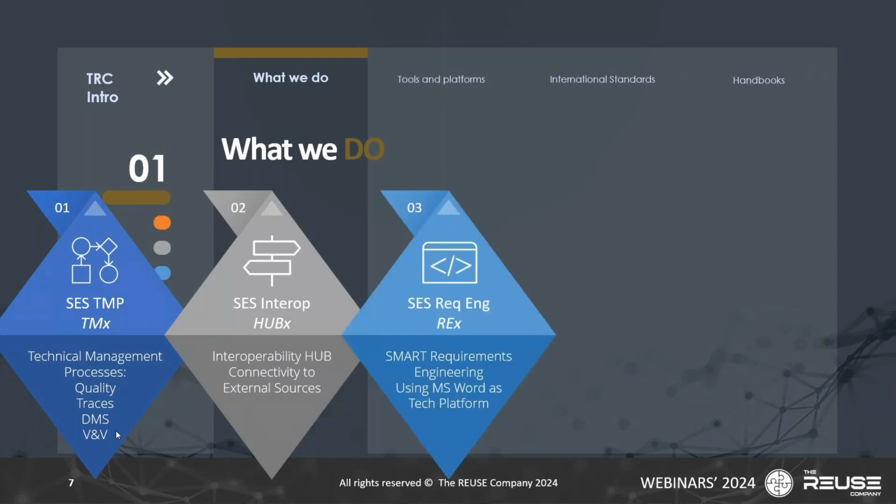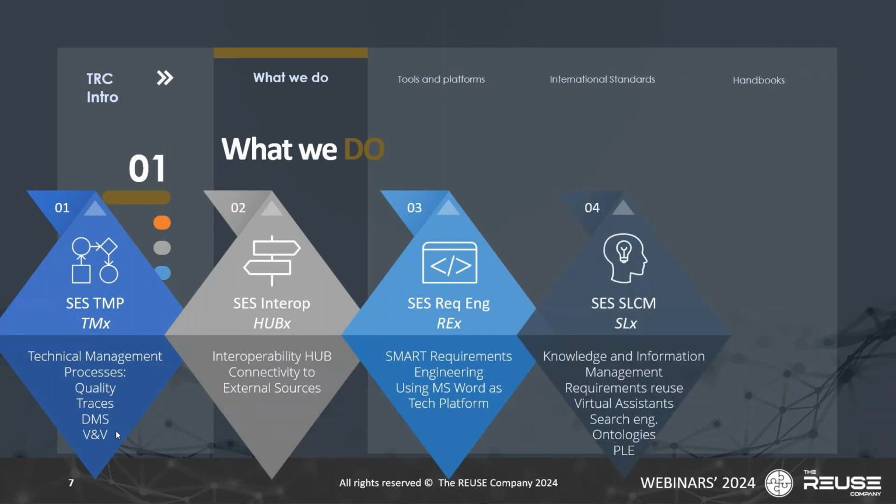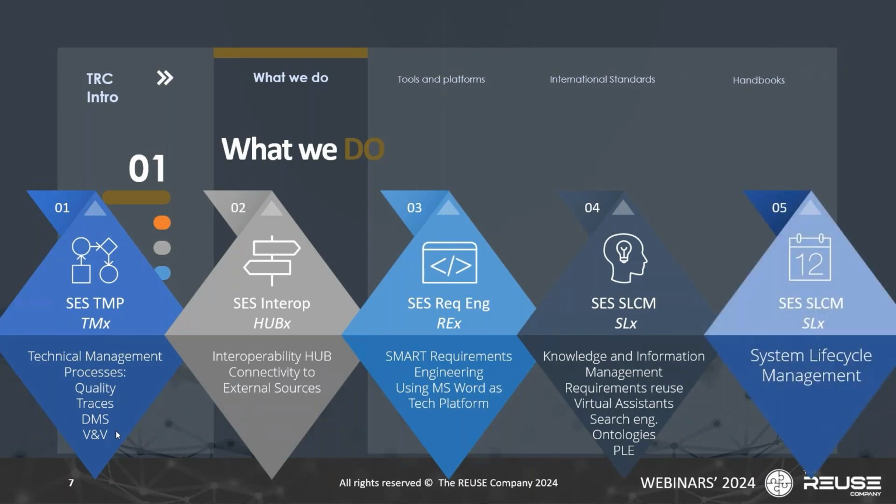And with our add-in Rex, you can use MS Word as a requirements engineering tool. SES Engineering Studio also offers system lifecycle management, including knowledge and information management, requirements reuse, virtual assistants, search engines, ontologies, PLE, etc.